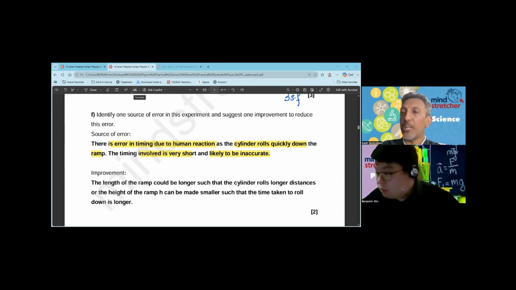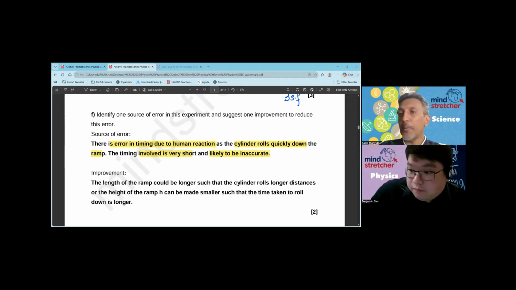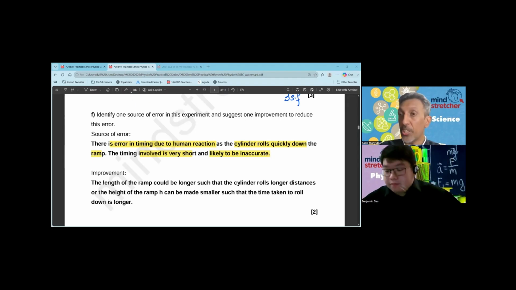When it comes to the graph plotting, later Teacher Benjamin will be going through question two, which involves graph plotting. That one is very important because it carries the bulk of your marks and will affect your marks significantly. So that one we will do later. Now I'm going to do the planning question. Everyone, move to question number three first.